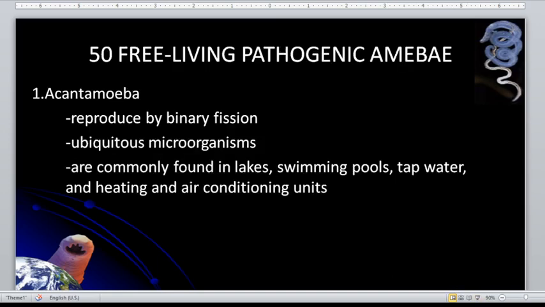So we have Acanthamoeba. Under free-living pathogenic amoeba, we will discuss two genera: Acanthamoeba and Naegleria. We start with Acanthamoeba. They reproduce by binary fission, just like, what do you call this one, Entamoeba?